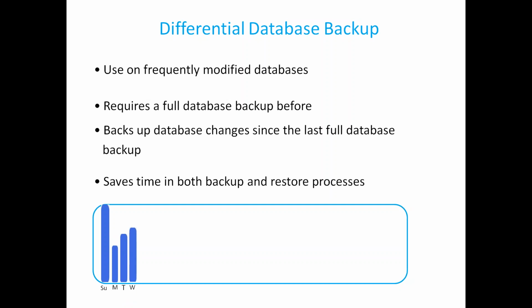And the Wednesday differential backup contains the changes from Sunday to Wednesday. It is because the differential backup has a mechanism to record all the changes that were happened since your full backup. So my full backup was happened on Sunday.